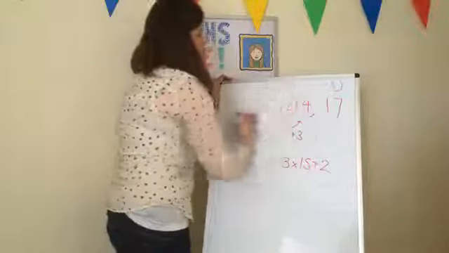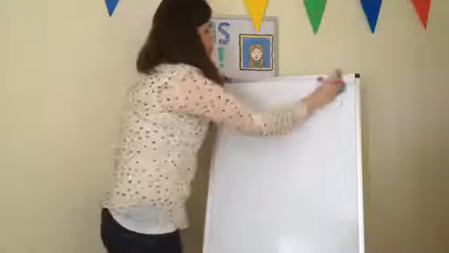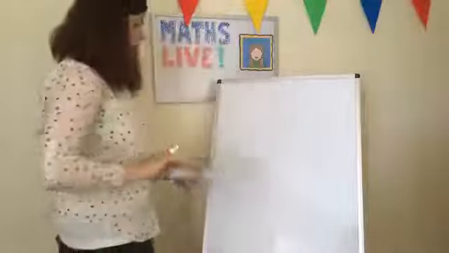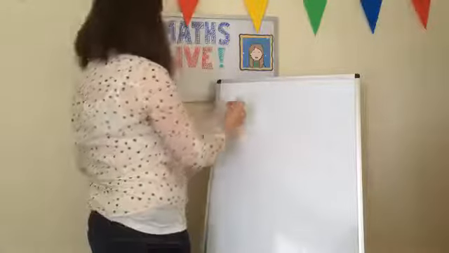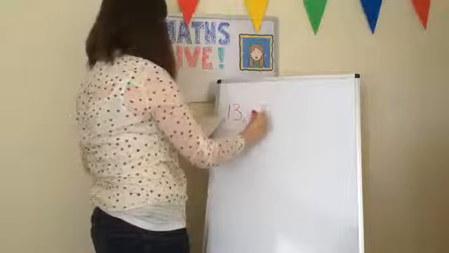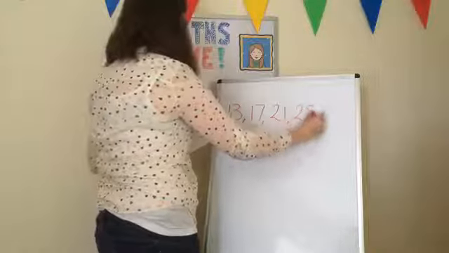Let's go to the challenge question. I'm going to have to do a bit of drawing again, and I'll give you a bit of time to have a go. So you were given a sequence. The sequence was 13, 17, 21, 25, and 29.